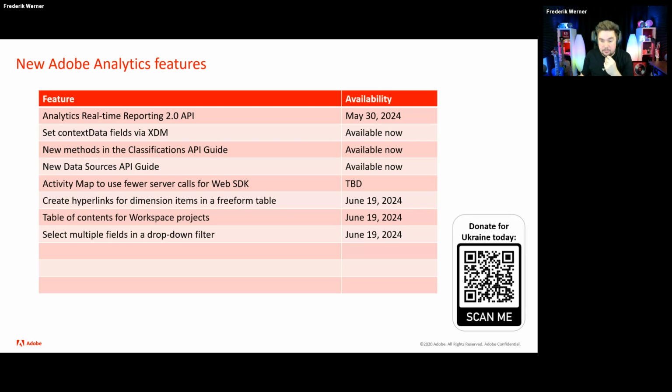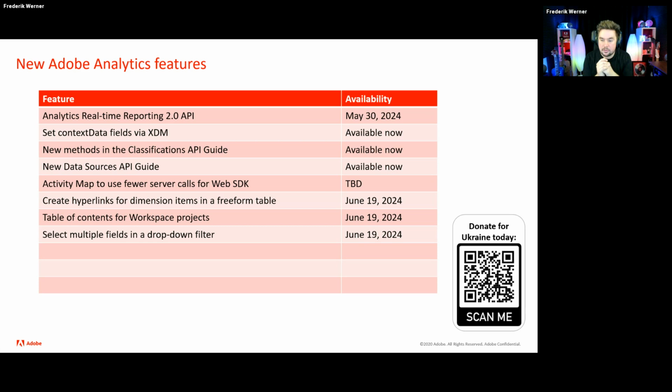Then, as I said before, Activity Map is now without a release date yet. Adobe is really trying to figure out how they're going to do this, because in the current way of implementing Adobe Analytics with AppMeasurement, you don't actually increase server calls if you're using Activity Map, because it's always bundled into the server calls going out anyway.